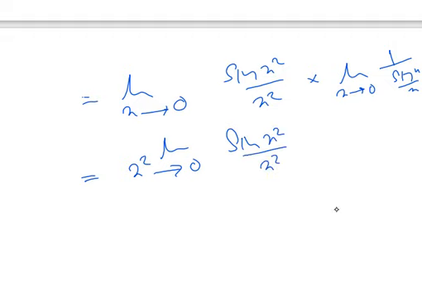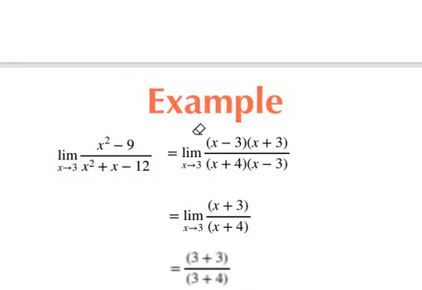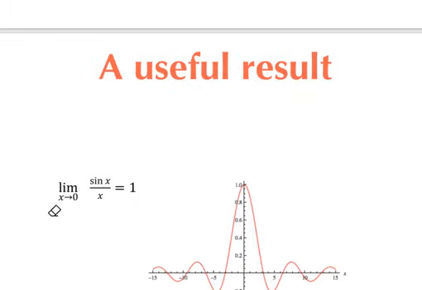Alright, so here we have 1 over the limit as x goes to 0 of sine of x over x, right? So look at this. I think we can apply this result to evaluate that. Here we have x both places, and that quantity tends to 0. As that quantity tends to 0, this function approaches 1.